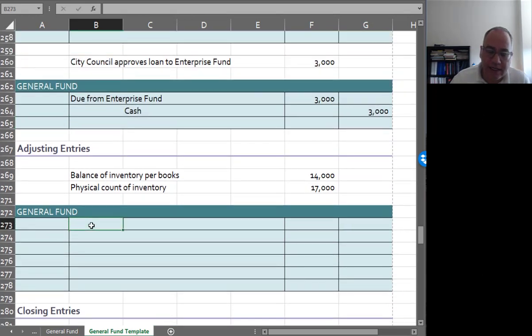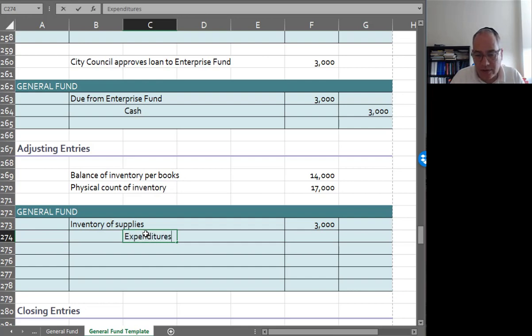So what I need to do is adjust inventory by $3,000. And I'm going to credit expenditures for $3,000 because it turns out they had less expenditures than they thought because they didn't use all these supplies.